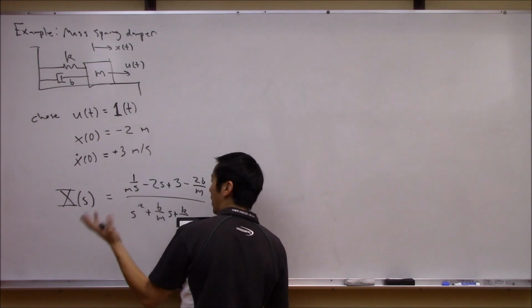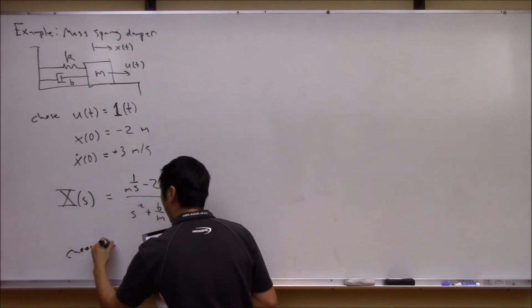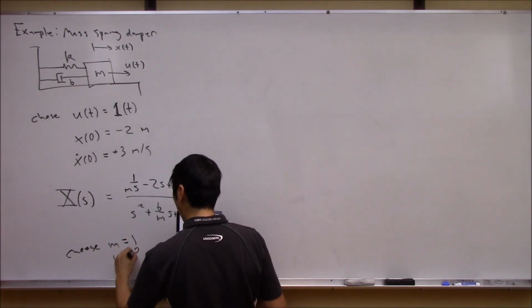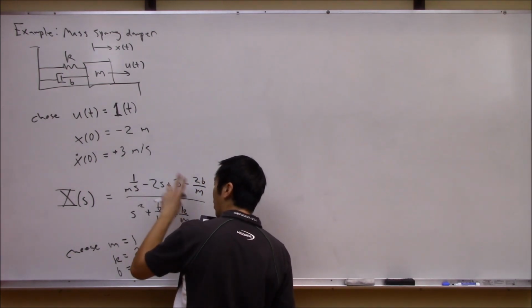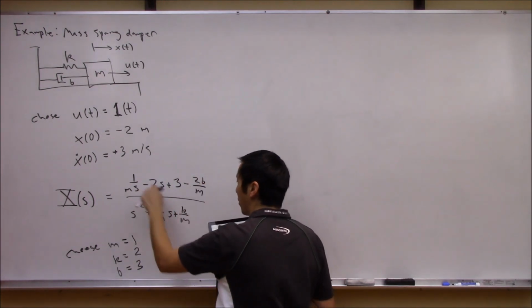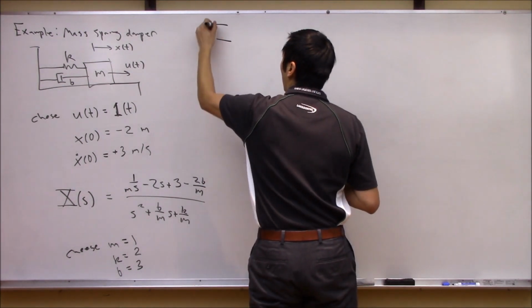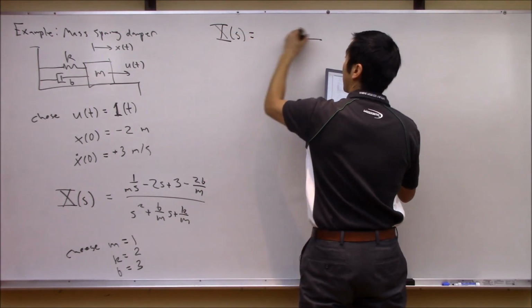Now, let's make our lives a little bit easier. Let's go ahead and also choose a mass of 1, a spring constant of 2, and a damping coefficient of 3. So let's just jam these into here and clean this up and rewrite it in the format that's helpful for us, basically a numerator polynomial over a denominator polynomial. If you do that, you can show that here's what the brick does in the Laplace domain.